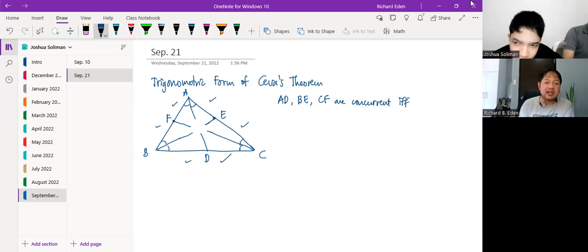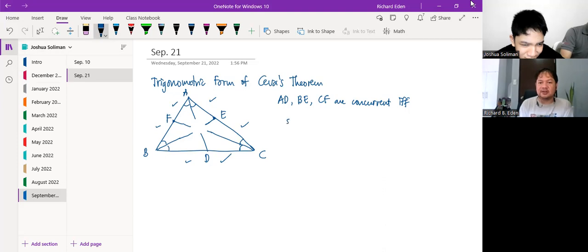You could start with AF, and then decide to go counterclockwise or clockwise. And then when you form the ratios, you alternate. So this time, instead of the lengths of the six sides, we're going to look at the ratios of those six angles. So let me start with angle A, the left subangle.